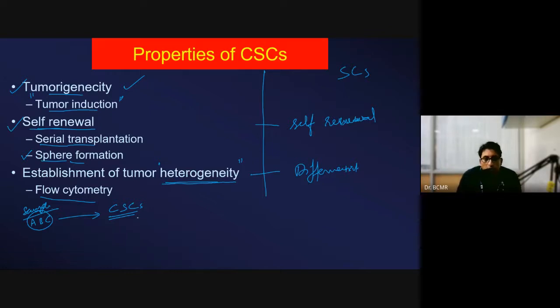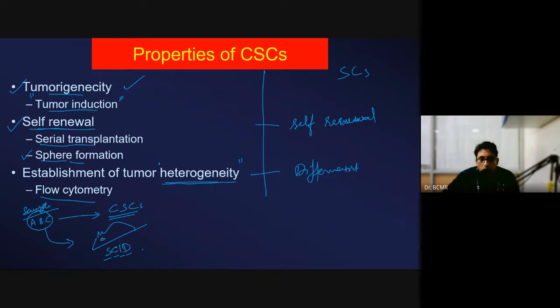So the first thing we will take is some parts of the tumor, and we will put it in the mice, and we will use SCID mice, that is severely combined immunodeficient mice, because if you take a human sample and put it in mouse, immune graft rejection would occur.